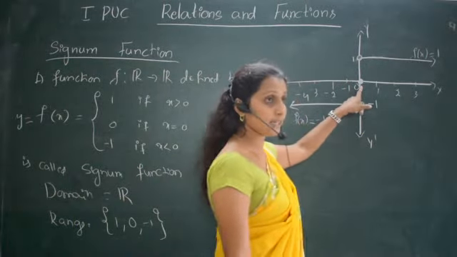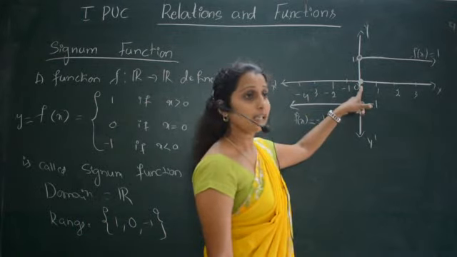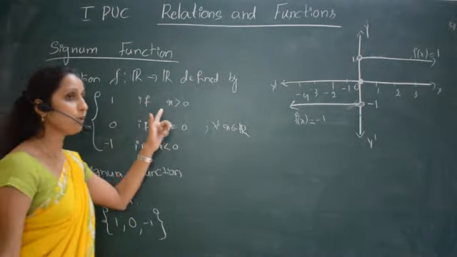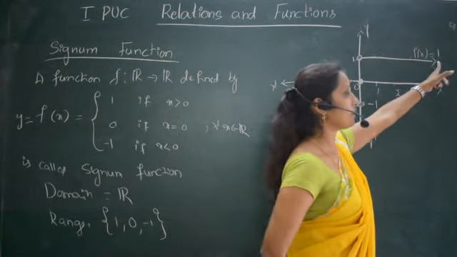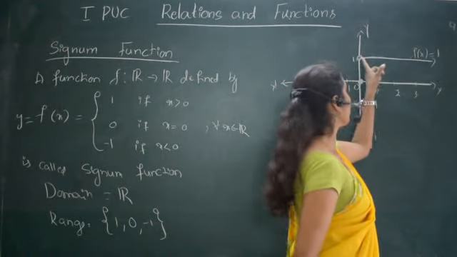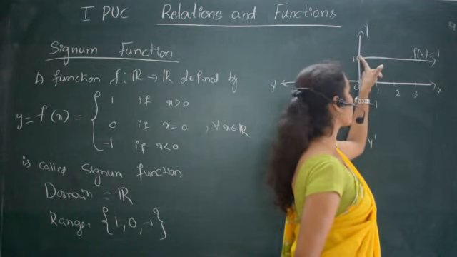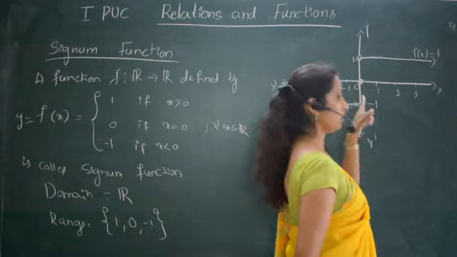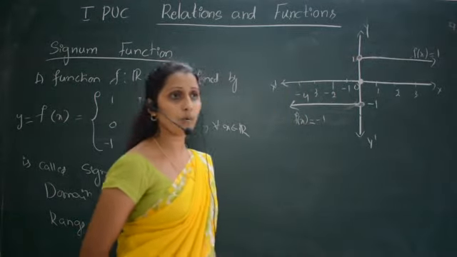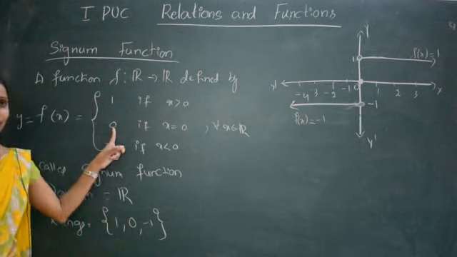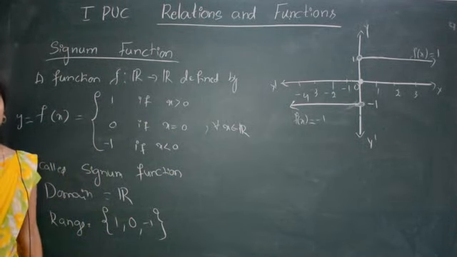So this is darkened. Then for all the values greater than 0, it is always 1, so it is a straight line. But this point is excluded, because if I consider this point, the coordinate would be 0 comma 1. But 0 comma 1 is not possible, because 0 comma 0 is possible. So I have to write an open circle.